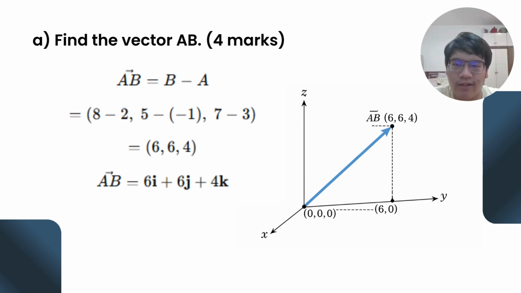Question A. We need to find the vector AB, 4 marks. AB equals B minus A equals (8 minus 2, 5 minus minus 1, 7 minus 3) equals (6, 6, 4). So the vector AB is equal to 6i plus 6j plus 4k.